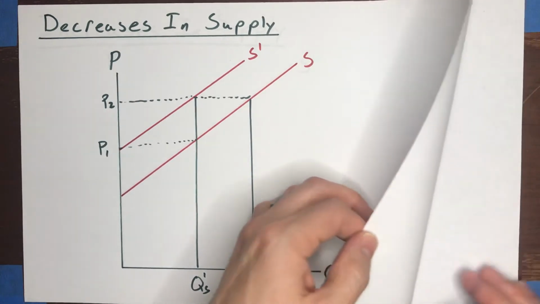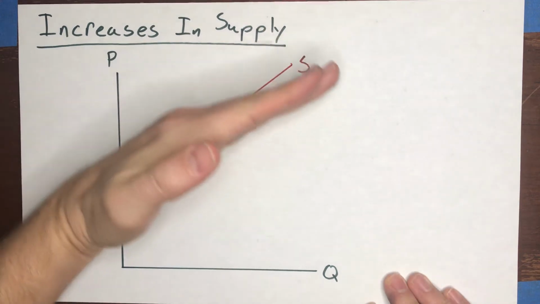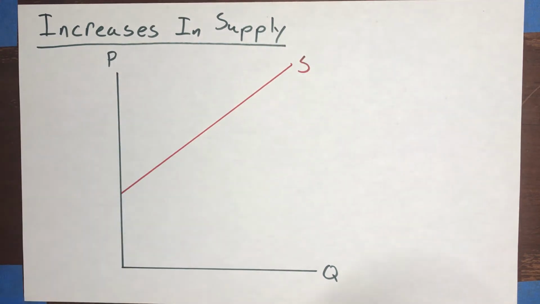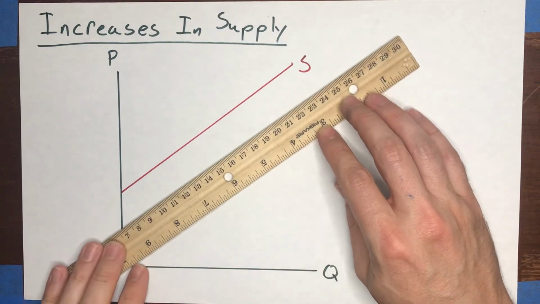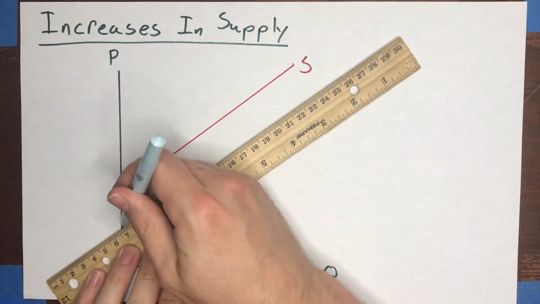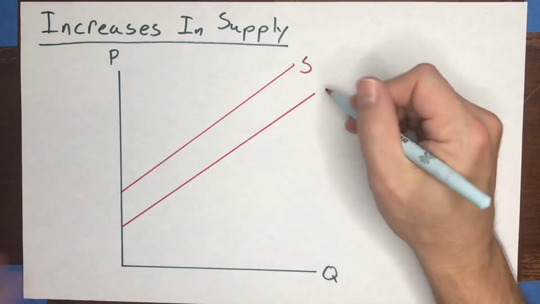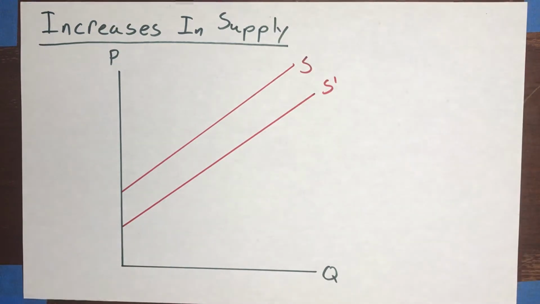And so that must mean that an increase in supply is represented by shifting this supply curve down and to the right. So if that's our original supply curve, we could draw a new one below and to the right of the first, call it S prime.